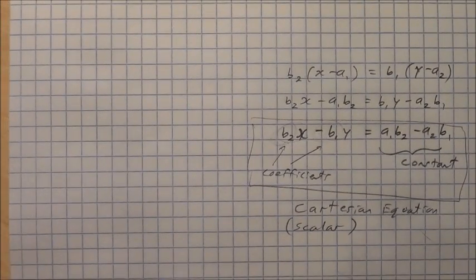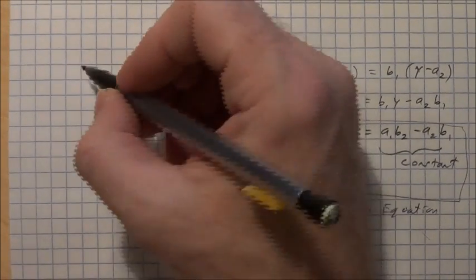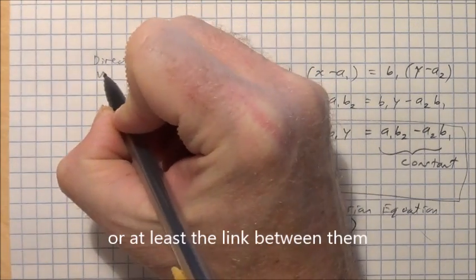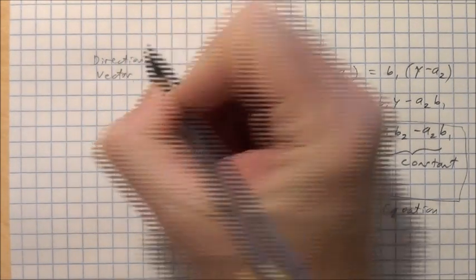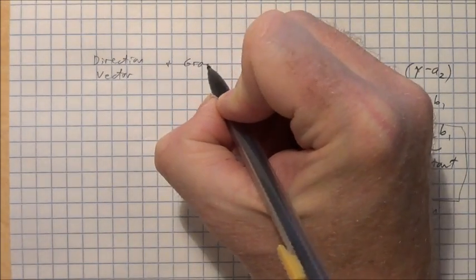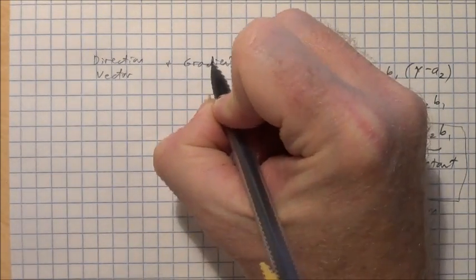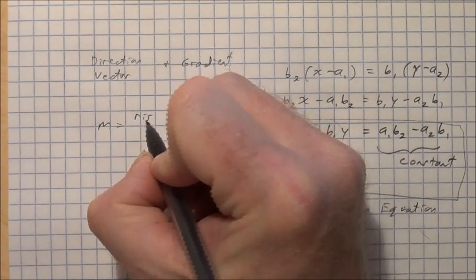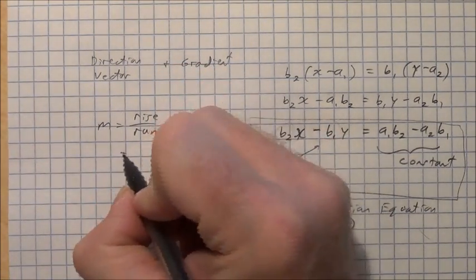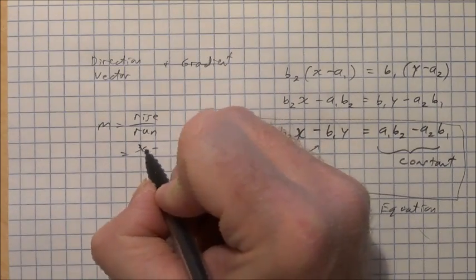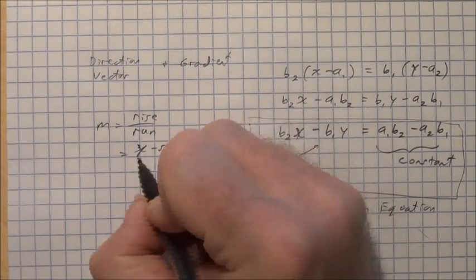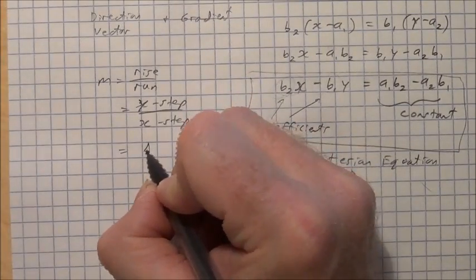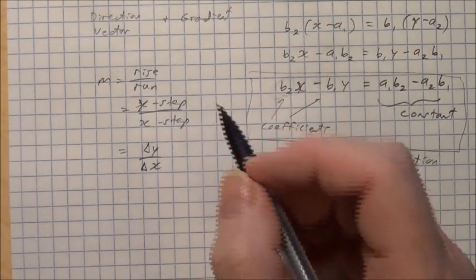Another thing I need to point out is the similarity between the direction vector and the gradient. Remember that gradient we know is rise over run, or y step over x step, or delta y over delta x.